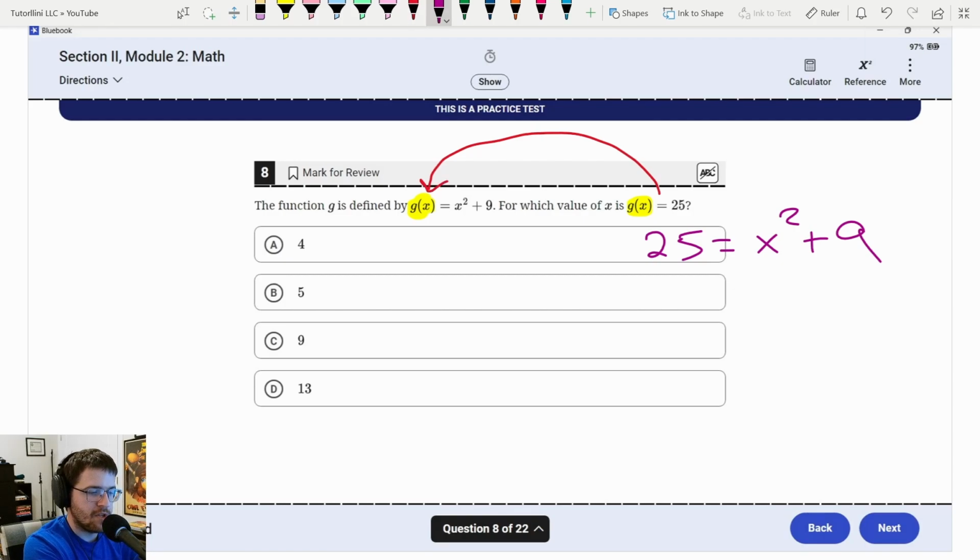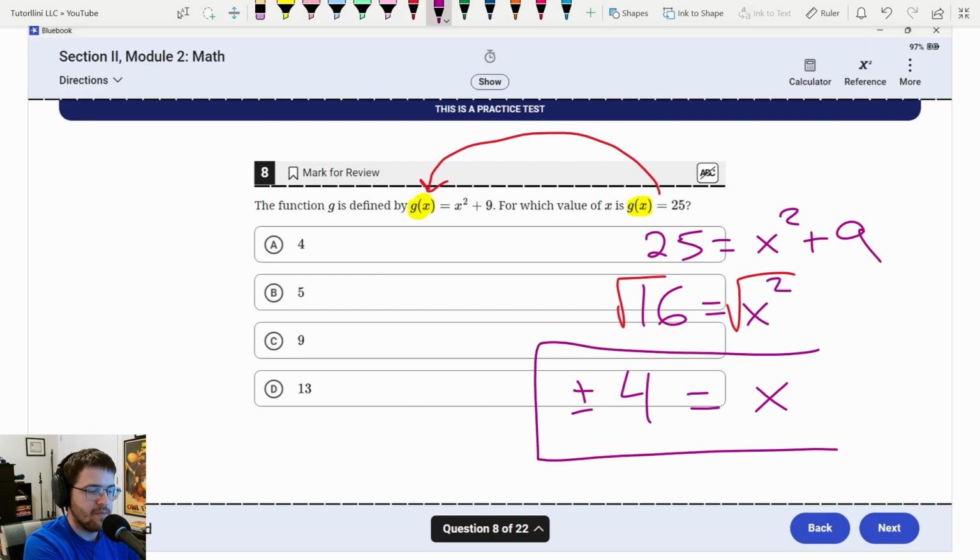Okay, so to solve this, I'm going to subtract 9 from both sides. I get 16 equals x squared. And then I'm going to take the square root of both sides, get rid of the square, and I get 4 equals x, but whenever I take the square root of both sides, I have to put a plus or minus sign. So possible answers are 4 and -4. I only see 4 as an option, so it must be A.